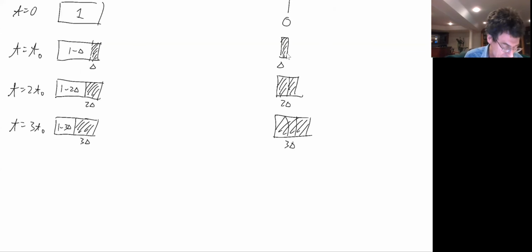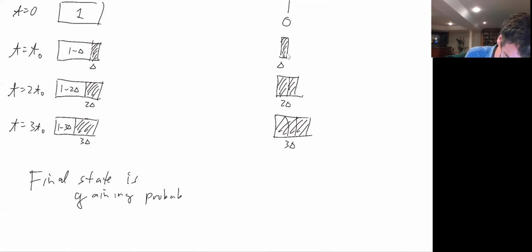And so the final state is gaining probability at a certain rate. For example, the rate delta per t naught.